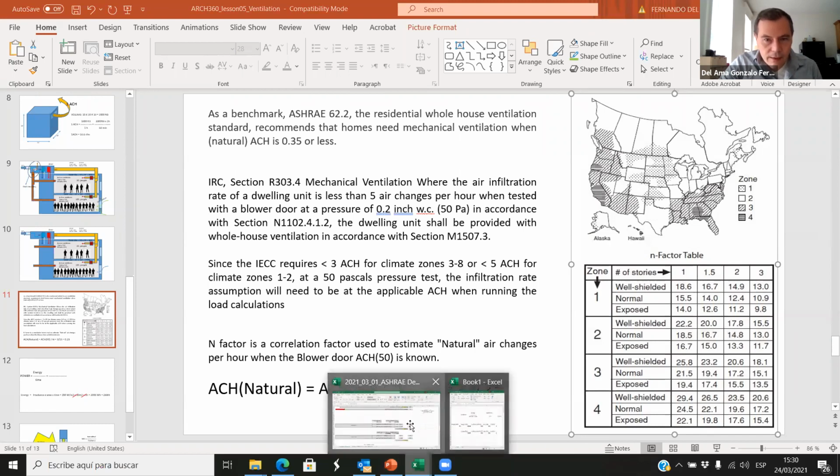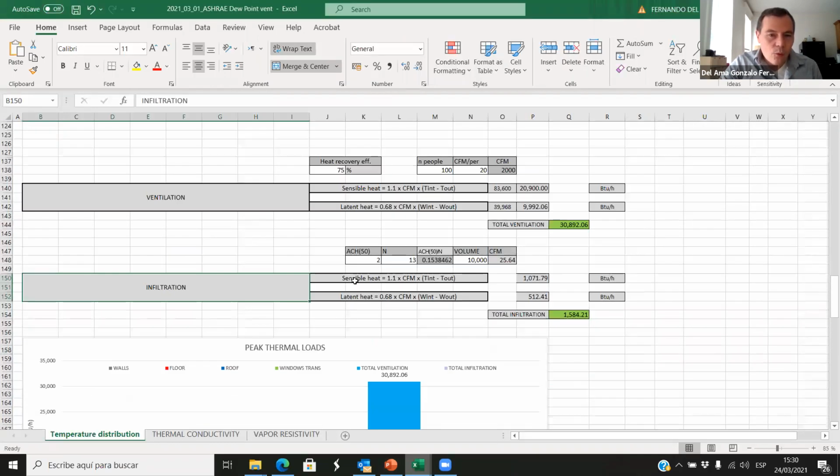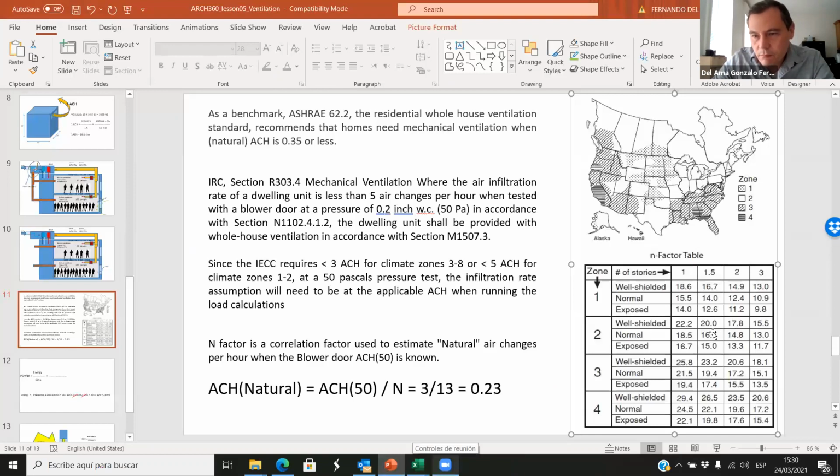Okay, in this Excel file, here we have the value of this blower door test. It can be 2, it can be 3, it can be 5. Okay, so this is the value that comes from the blower door test. So let's say 3. And this is the N factor that comes from this table.